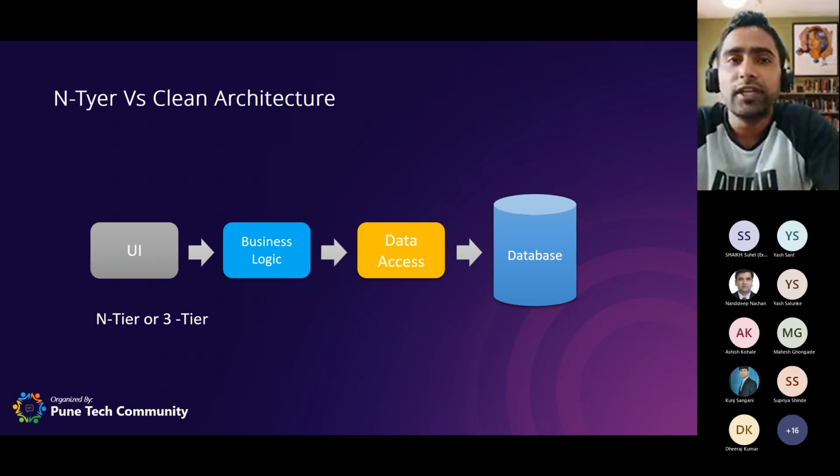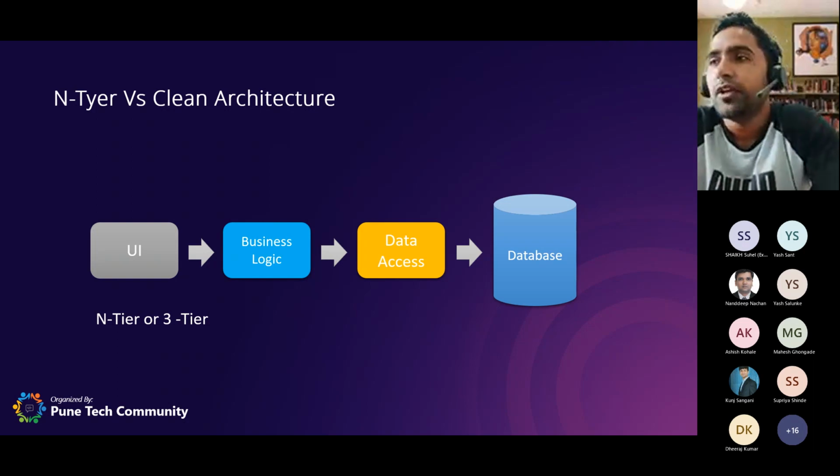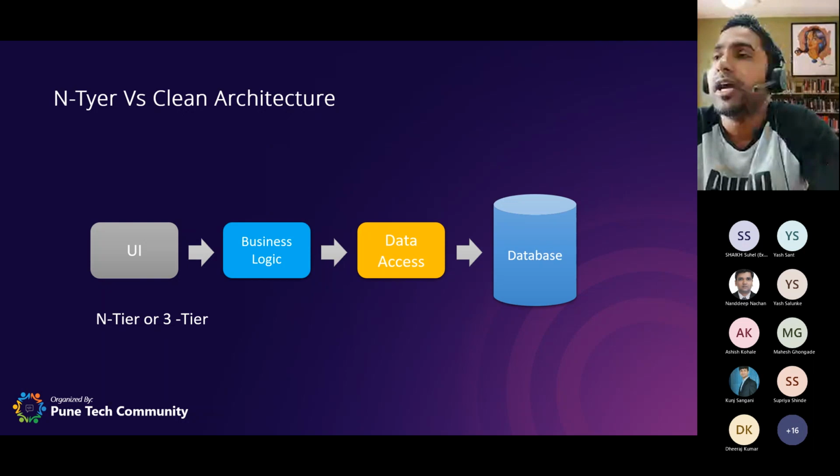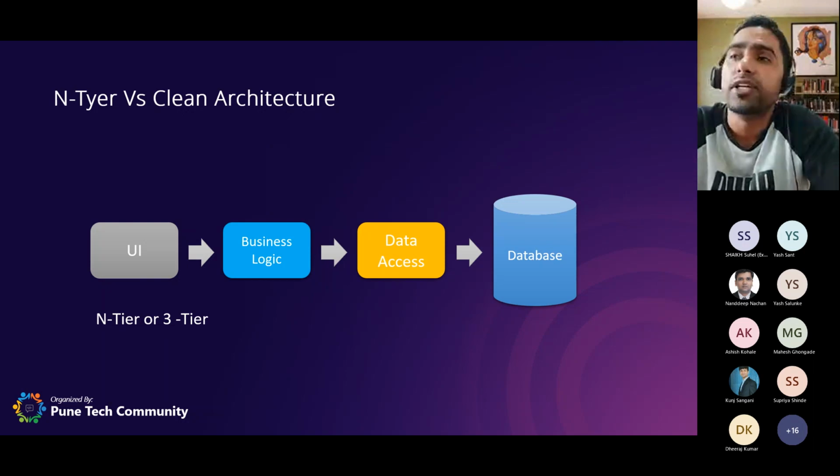Maybe we can organize the application in a different way, but if we follow three tier, the concept is this. Data flows from UI to business logic to data access layer, and then to the database. Here the data access layer is referred to by the business logic, and the business logic is lastly referred to by the interface.